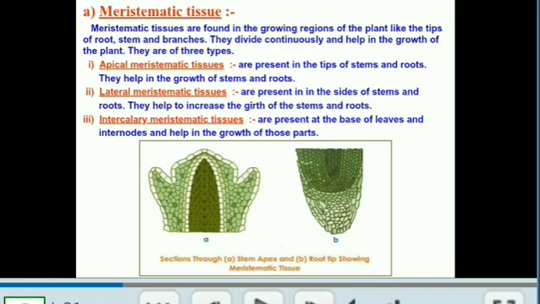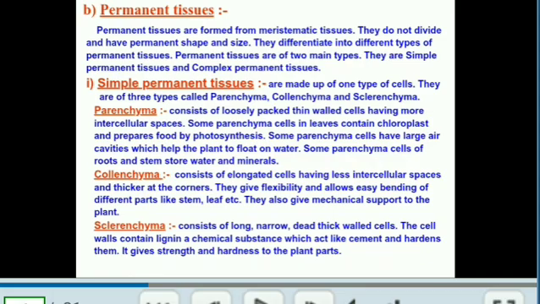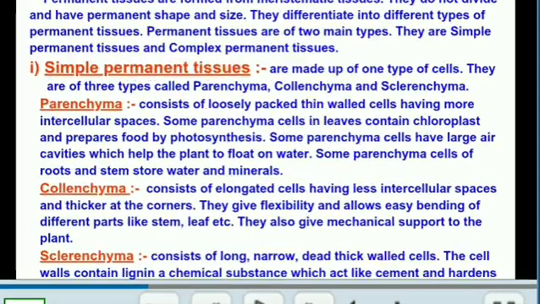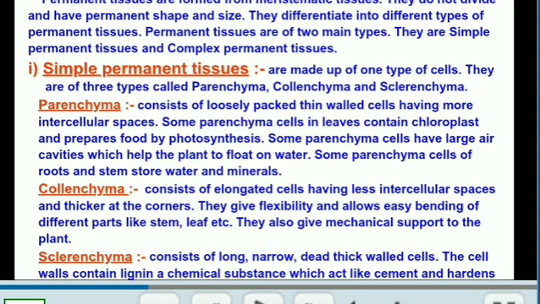Here meristematic tissues are discussed, which we have done already, and we were doing simple permanent tissue. Simple permanent tissues are made up of only one type of cell, and we have three types: parenchyma, collenchyma and sclerenchyma. Some parenchyma cells lie in the leaves. They contain chloroplast and prepare food with the help of chlorophyll.